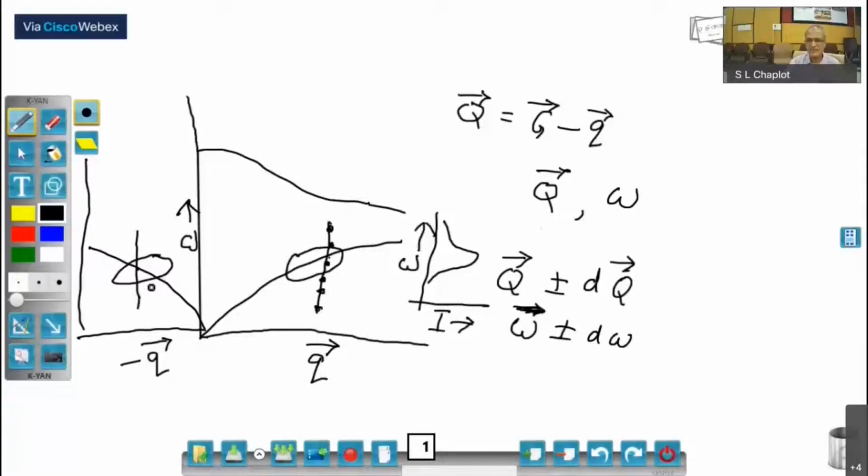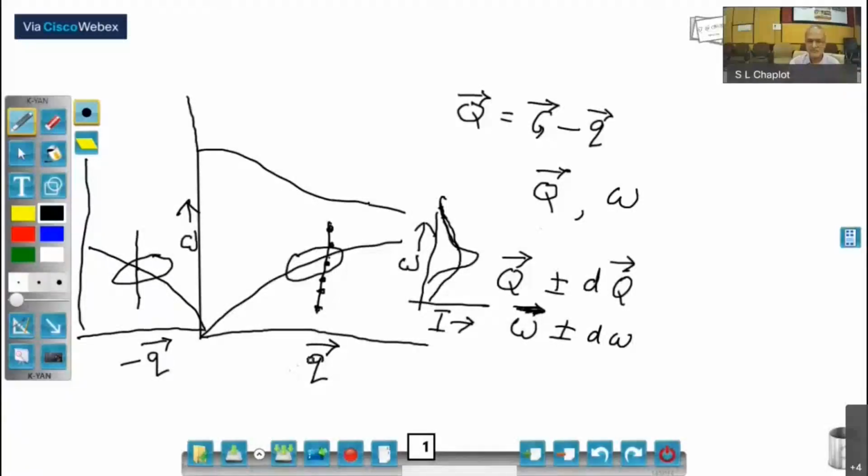On the other hand, if it is at a different angle, say almost perpendicular, then you will get a fairly broad intensity pattern. So these are two different scenarios.